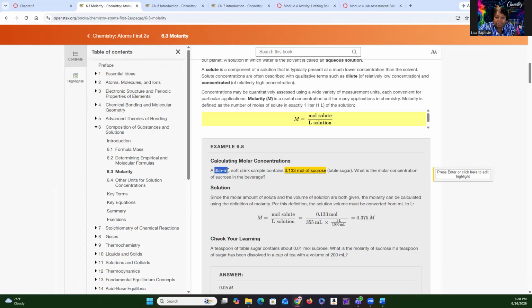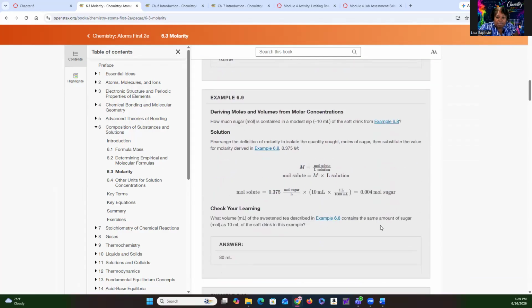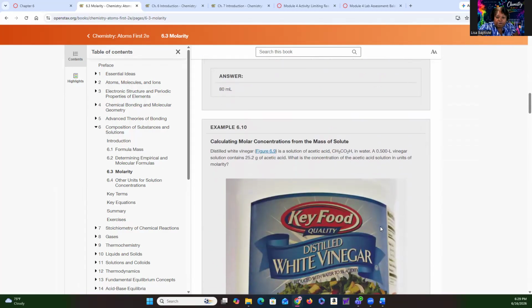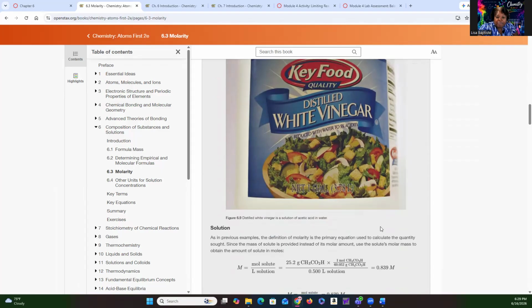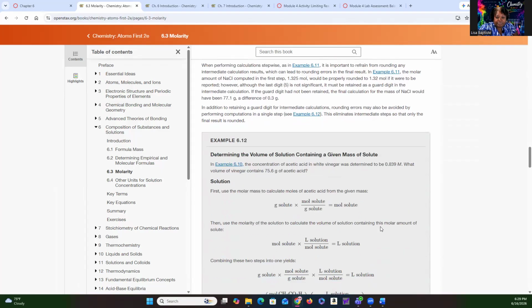So our milliliters, we need to convert to liters. And so it's done here. So we're going to multiply it by 1 liter over 1,000 milliliters. And then when we do the division here, we get 0.375 molar. All right. And then it gives you practice problems that you can work on so that you can be proficient in your calculations of molarity.